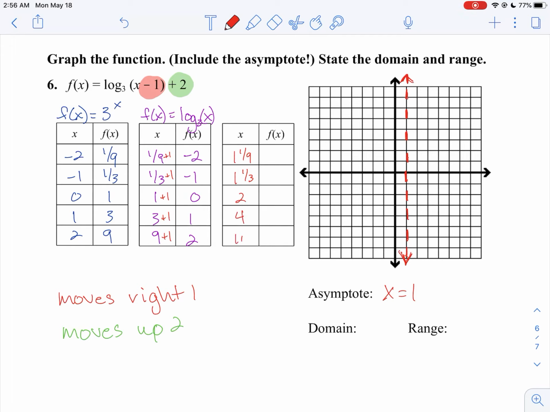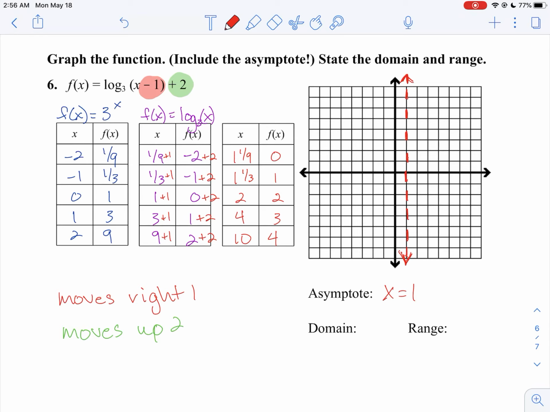I'll be at 4, and I'll be at 10. And then for my y values, we are really adding 2 because this is moving up 2. And so I can just add 2 to all of those values, and I end up at 0 and at 1, 2, 3, and 4.